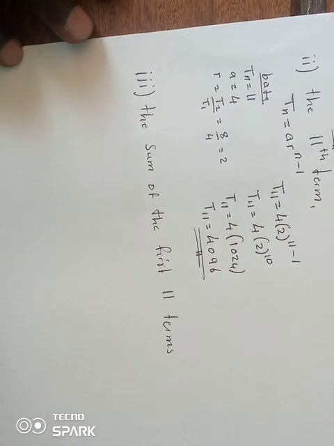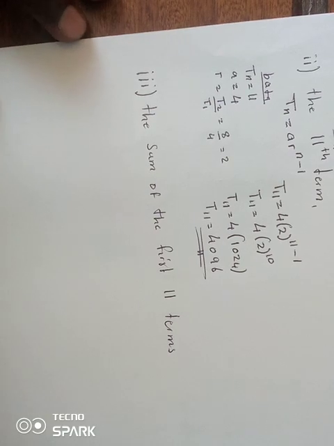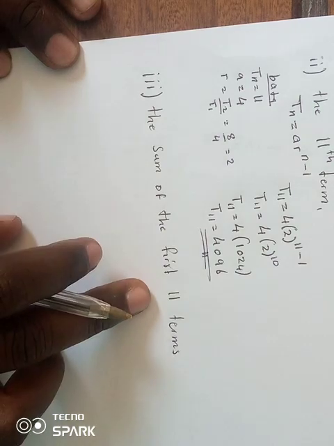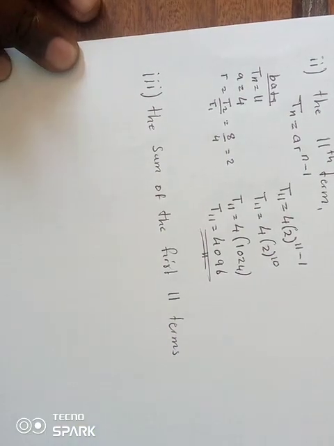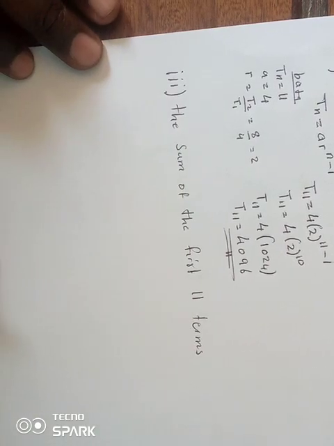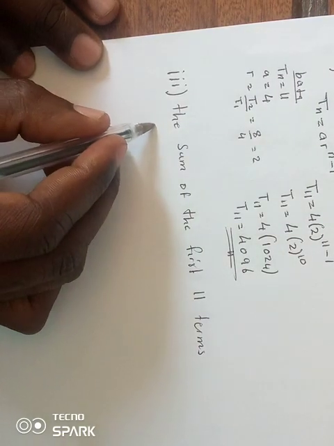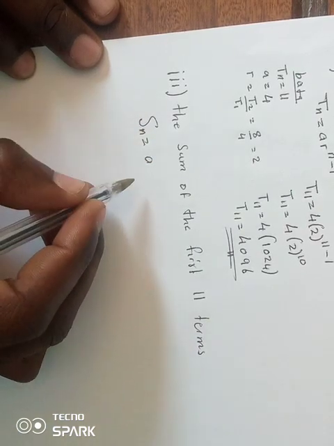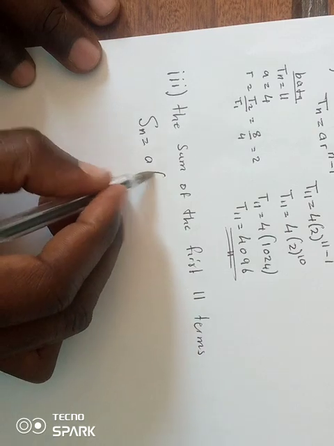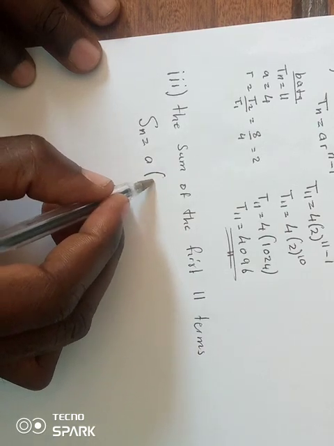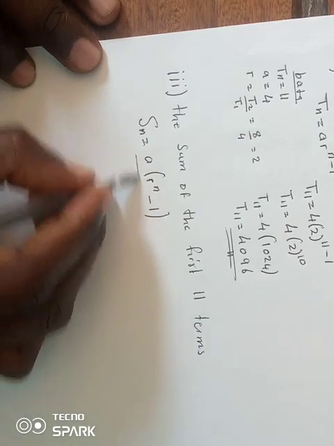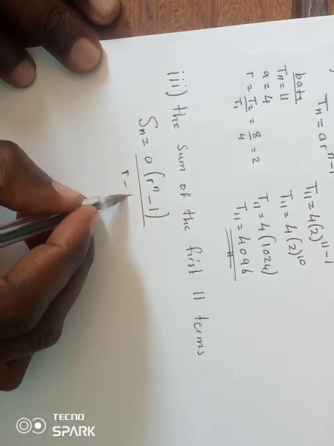We go to the third one. Find the sum of the first 11 terms. The sum has got a formula, that is, sum of terms equals first term in brackets, ratio to the power n minus 1, over ratio minus 1.